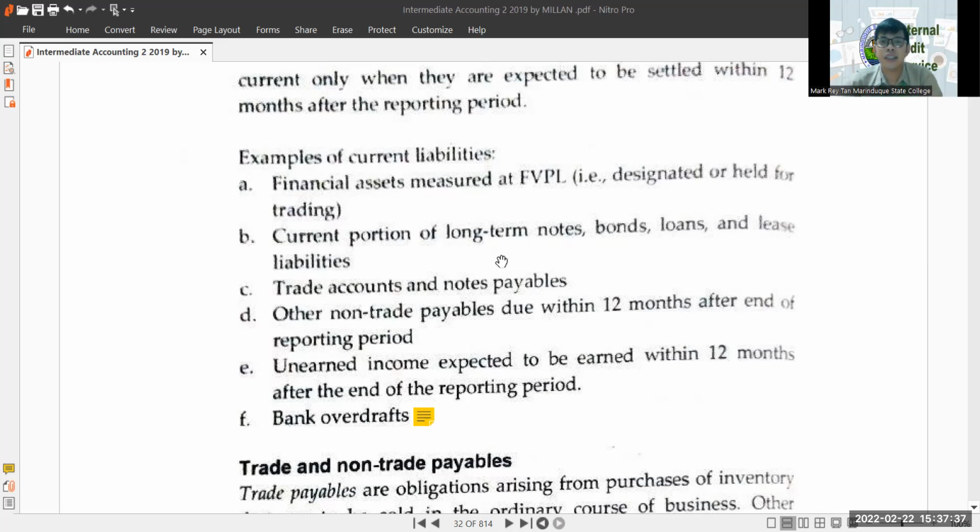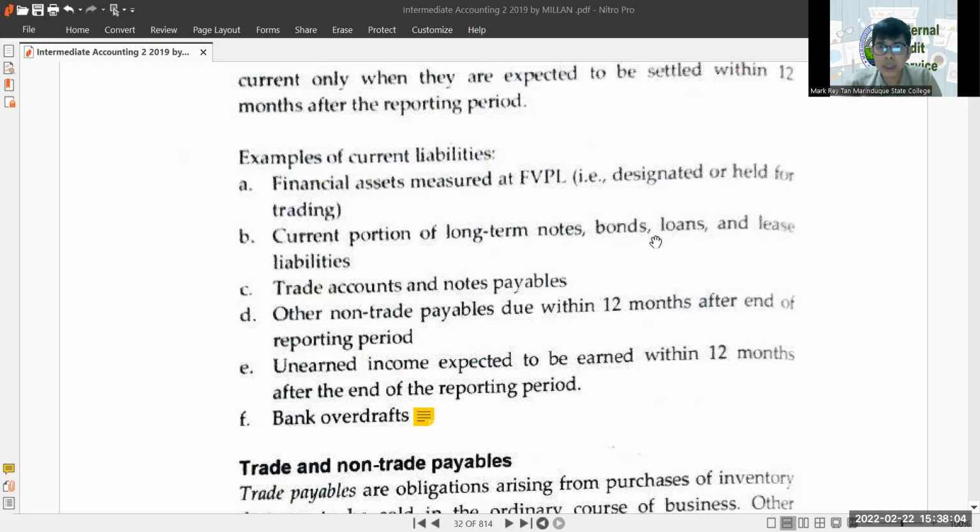Kasi since long-term sila, ang normal na arrangement is annual installment. So yung magiging due on the following year, those are considered current portion of the long-term debt or long-term liability.